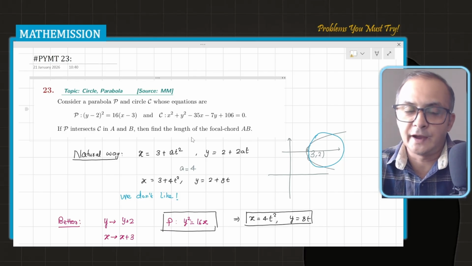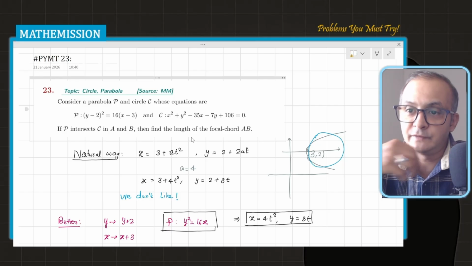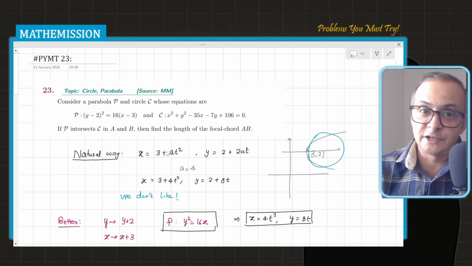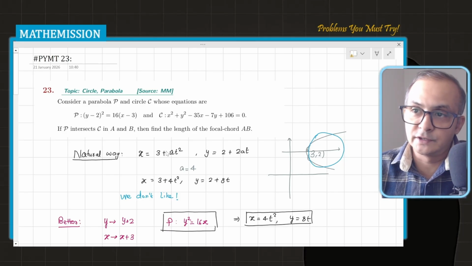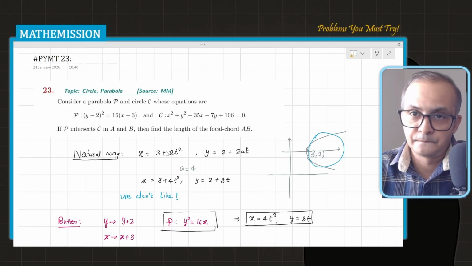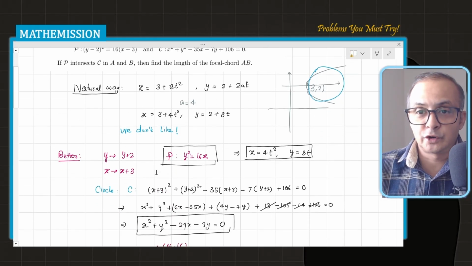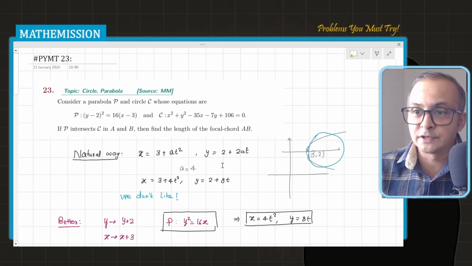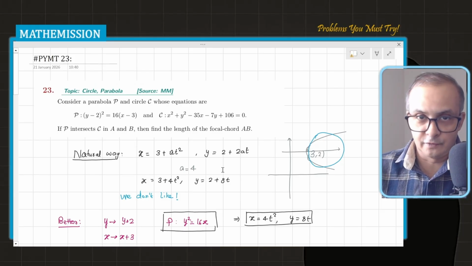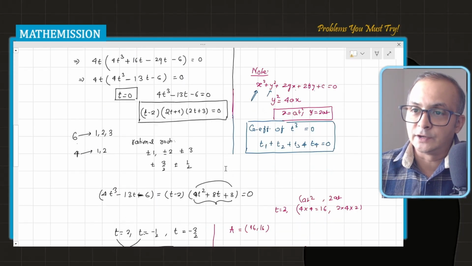If we can identify it, we can easily find it. Even if you are not shifting the system to the origin, we can still use power of point. If you don't like to shift it, you can simply substitute, get the points, and you get the same answer. All right, so the answer is 25.